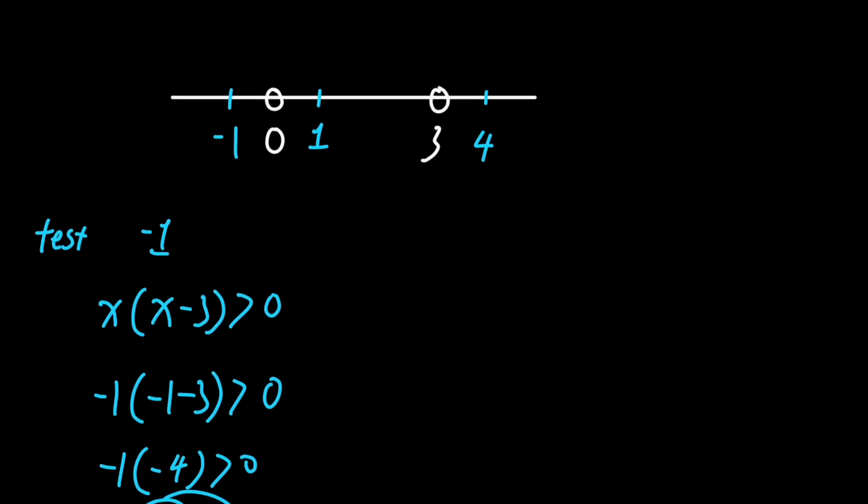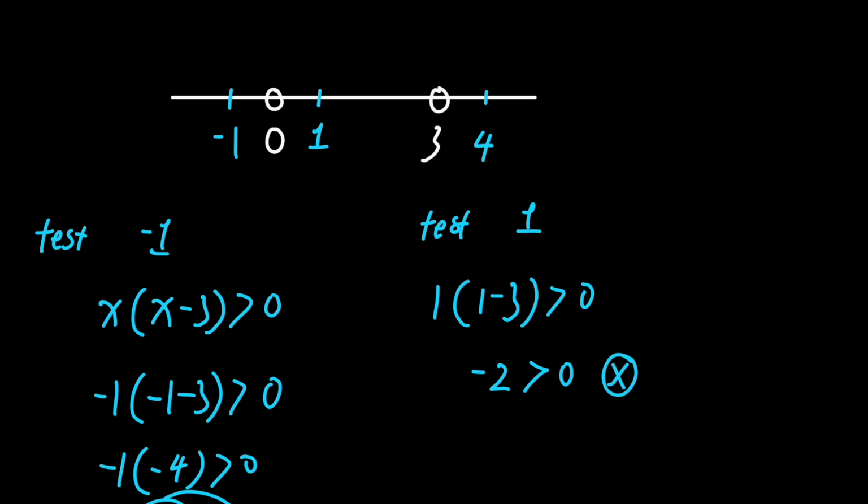And then for this second one, test this number 1. So 1 times 1 minus 3, and then simplify to -2 greater than 0, which is not good because -2 is less than 0, but in this case it should be greater than 0.